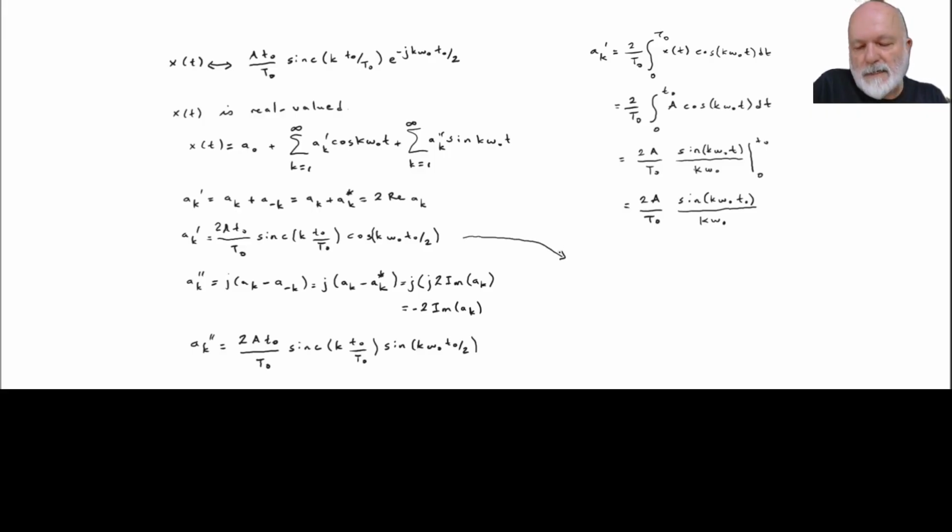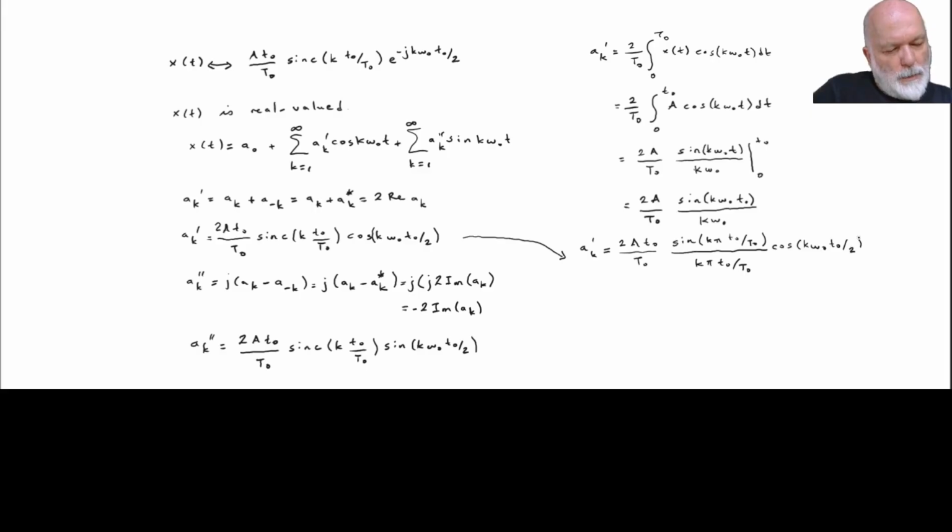So let us look at this expression of ak prime. So ak prime is 2a small t0 divided by capital T0 times sine k pi t0 over capital T0 divided by k pi t0 divided by T0, and we have cosine k omega 0 t0 over 2.